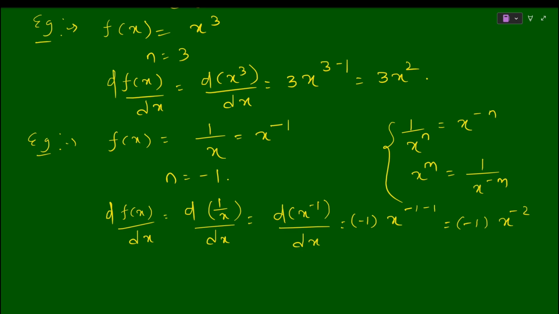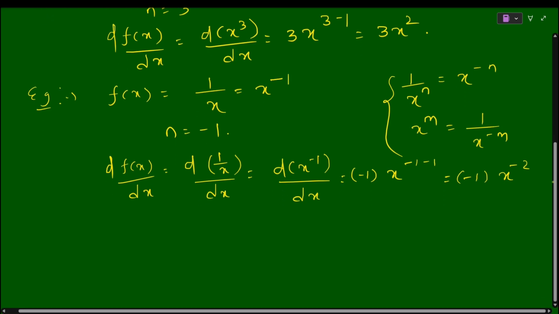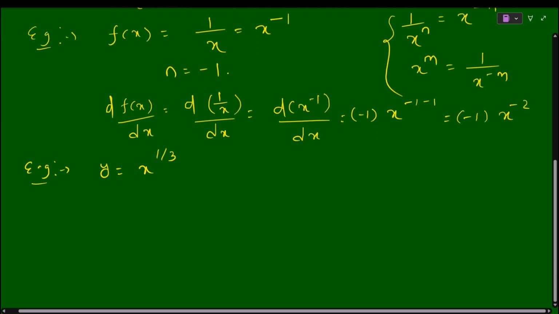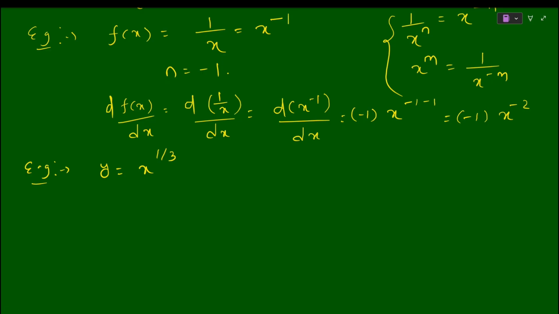Similarly, even if the value is a fraction, whatever it may be, n is always a real number. Suppose I take x to the power 1 by 3. Then we can also find the derivative using the same formula: the derivative of x to the power n with respect to x is n x to the power n minus 1.